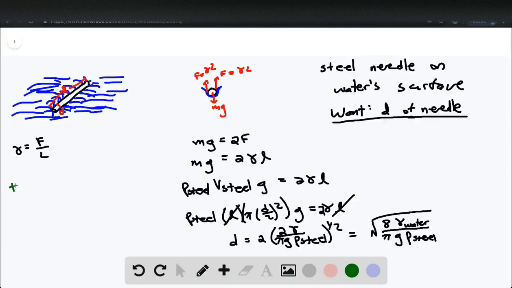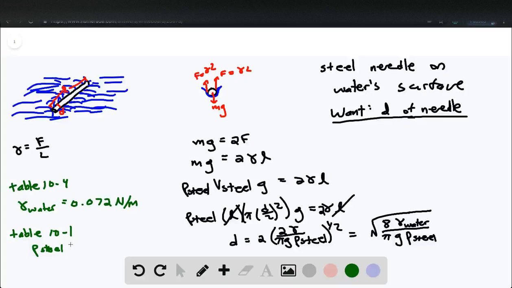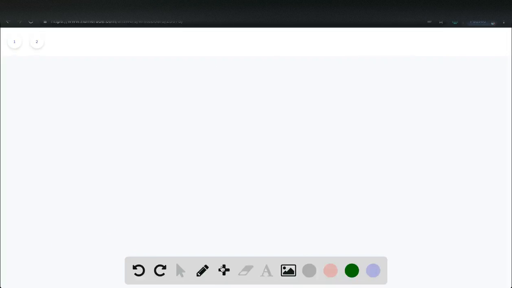And you can find in Table 4 in chapter 10, you can find that the surface tension of water at a sort of room temperature is 0.72 newtons per meter. And then from table 10.1, we have the density of steel, 7.8 times 10 to the 3 kilograms per meter cubed. So then plugging all this in together, we can get our final answer for the diameter.